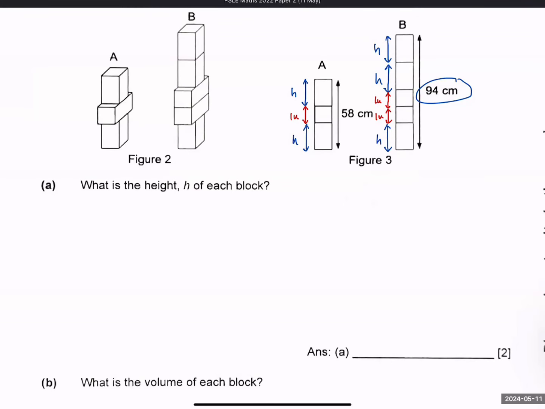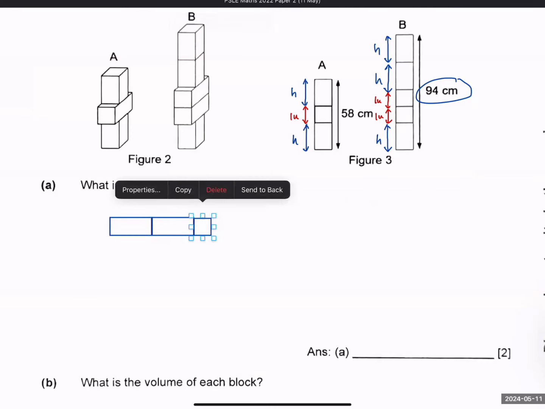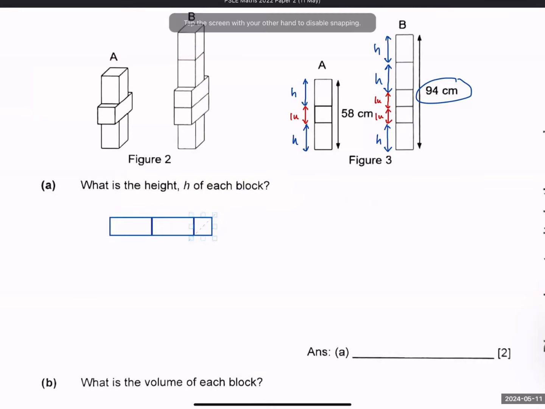I'm going to rearrange the blocks into a model form so that you can see it better. We know that this is H and this is 58.